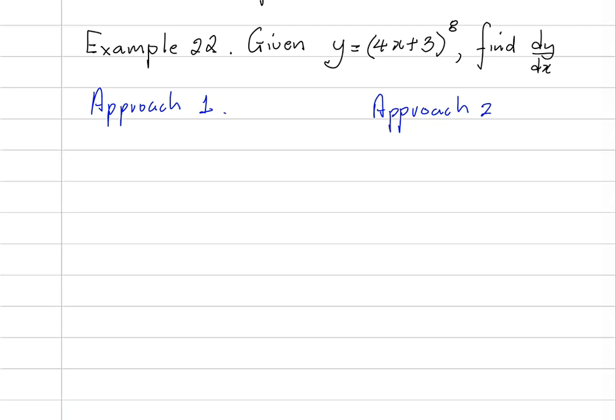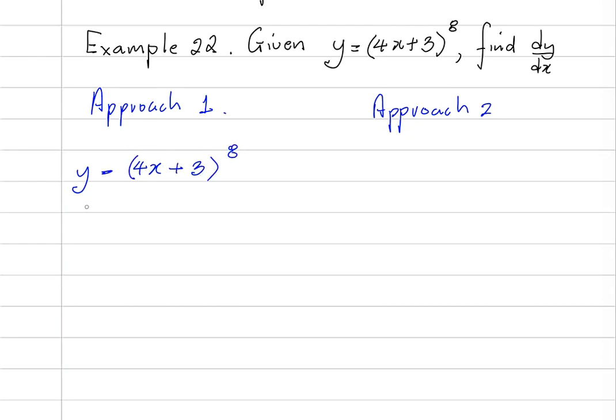Here y is a composite function, where I have one function inside of another function.